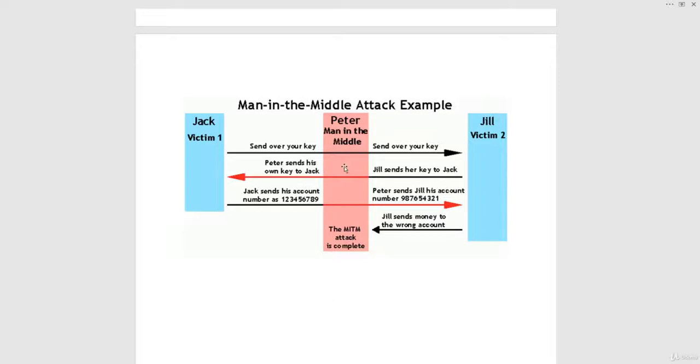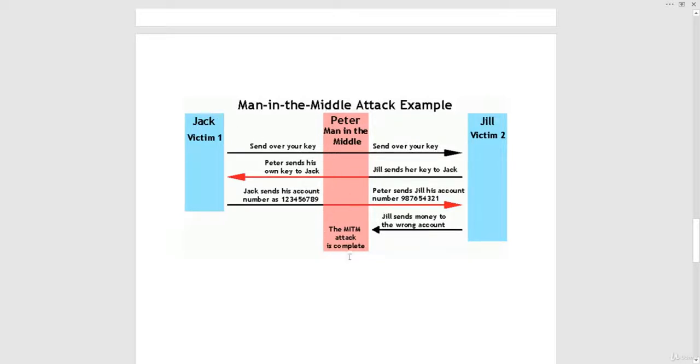In this example, we saw that the attacker intercepts a public key, and with that public key, can substitute his own credentials to trick the people on either side into believing that they are talking to one another securely. You can clearly see it has sent over your key. The man in the middle will send its own key, and the victims will assume that they are communicating with each other, but instead they are going through this man.